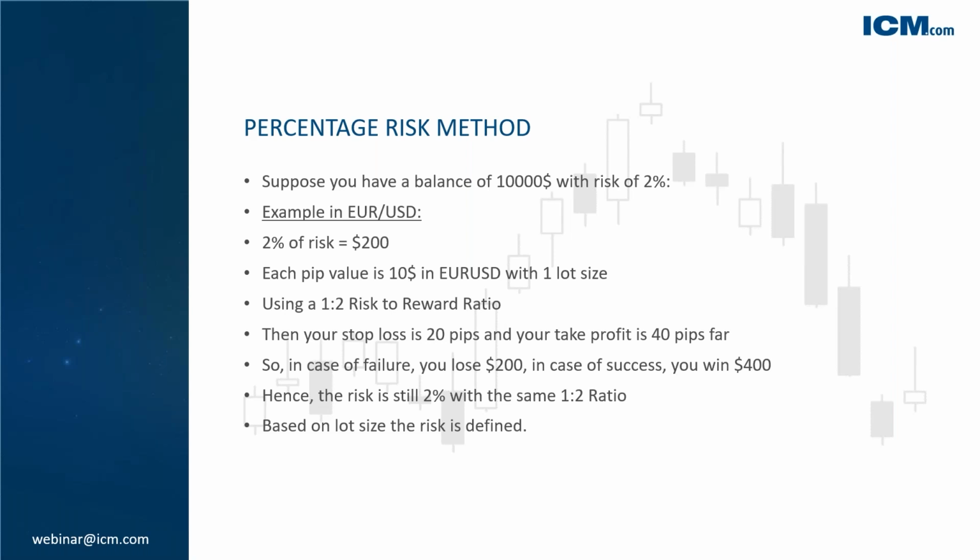Having those two at hand, you will be able to estimate where to place your protective stop. It's very easy. Following these two methods is quite similar, but it definitely helps a lot in the long run.